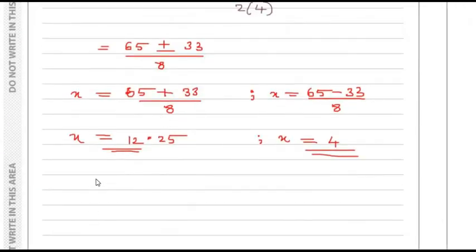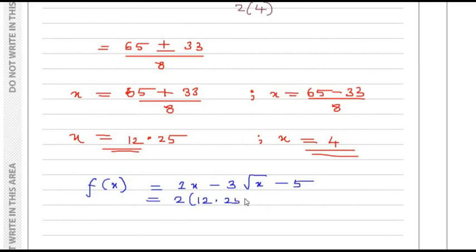So here the f of x is given as 2x minus 3 root x minus 5. So let us substitute first 12.25 and see. So 2 times 12.25 minus 3 root 12.25 minus 5.